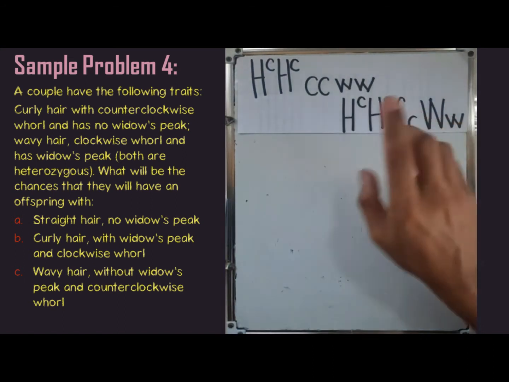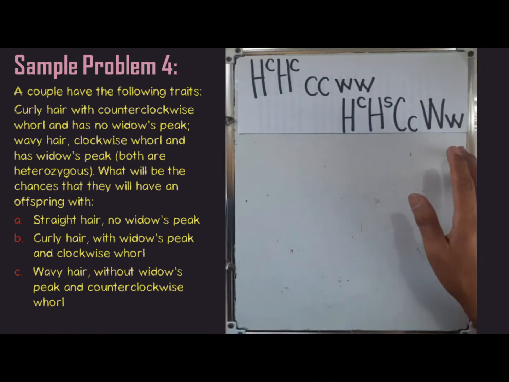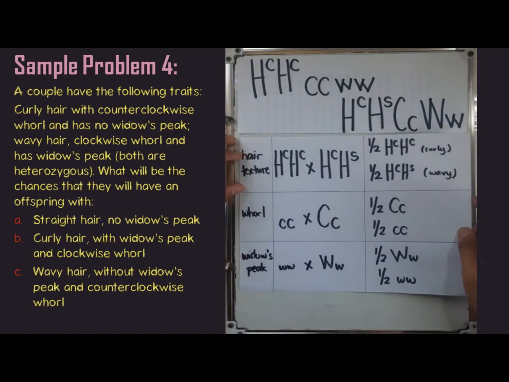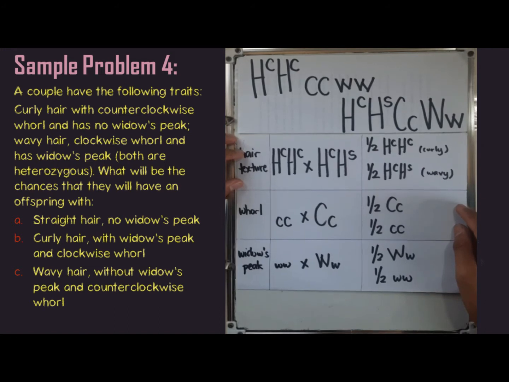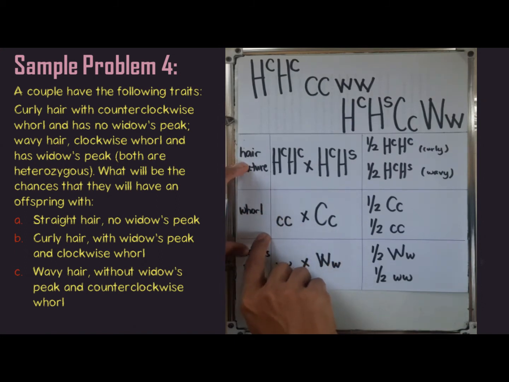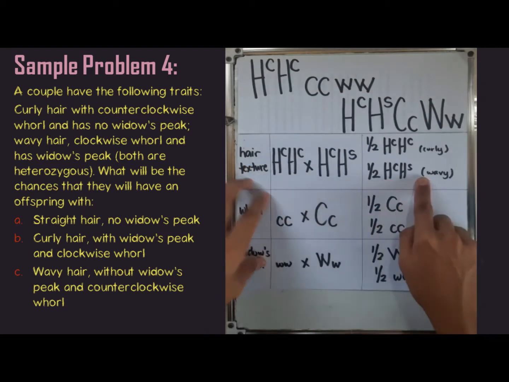Then, if we do the segregation and the law of independent assortment, we arrive at the following for the different traits present in these parents. The first trait is hair texture, the second is the whirl, and the third is widow's peak. Let's focus first on hair texture.